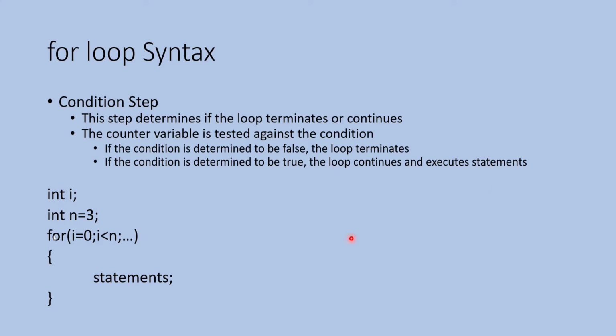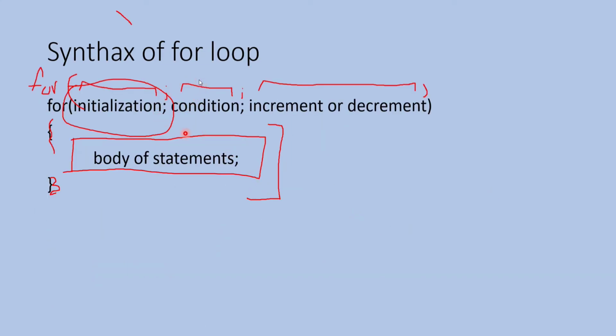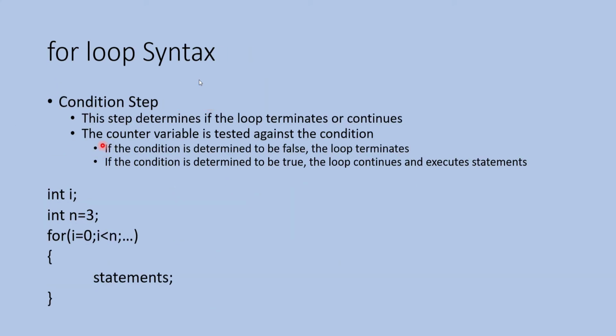So the condition step is the second and probably the most important of the three. Well, they're all very important, but this is probably the place where you can really mess up your for loop. This step determines if the loop continues or terminates.